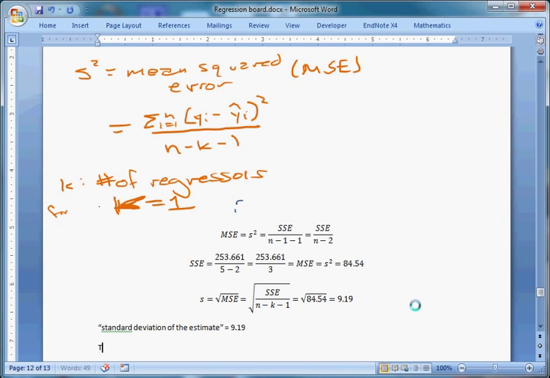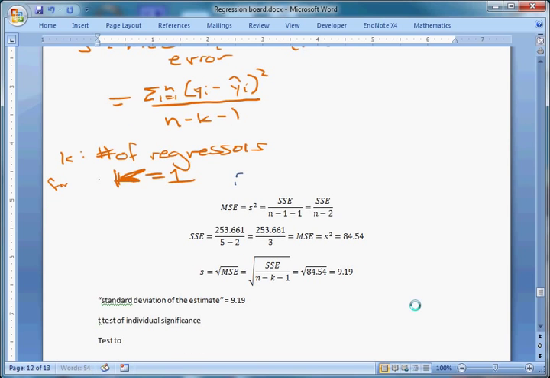The first one we're going to look at is the t-test of individual significance, as I said. And what we always want to do in this case is test to see whether beta is significantly different from 0. So now we're back in the world of hypothesis testing.